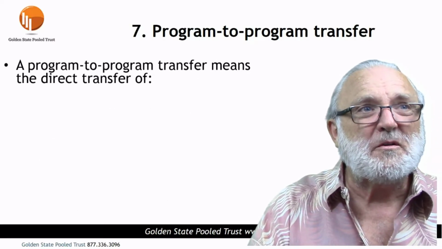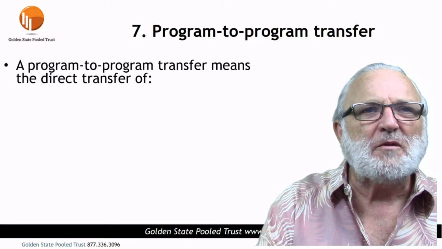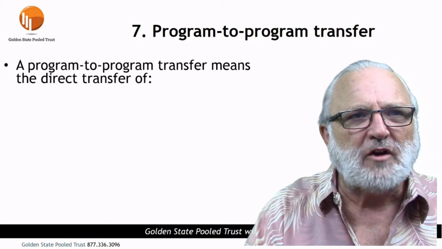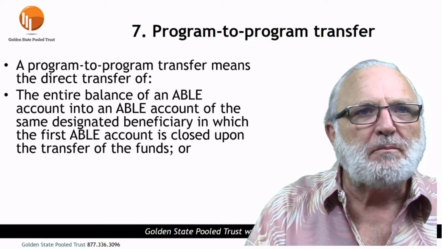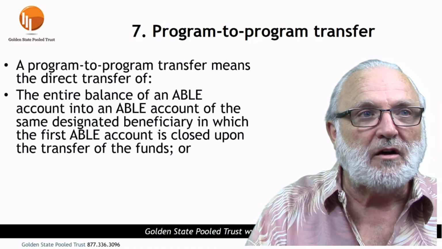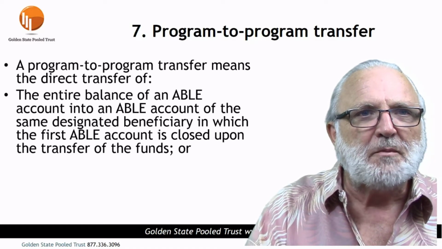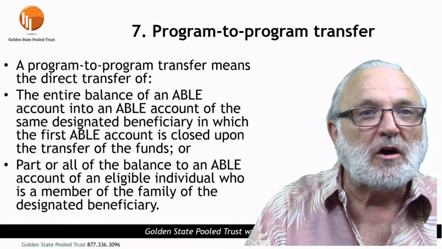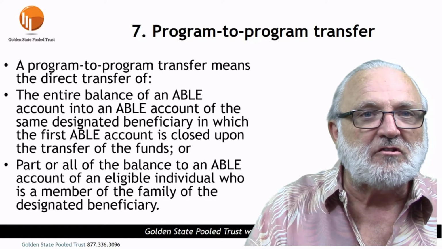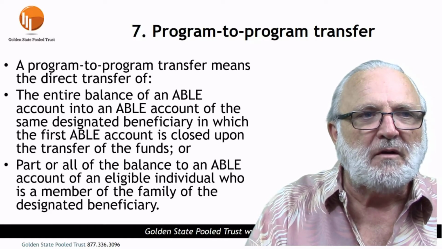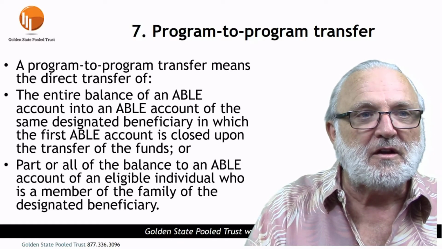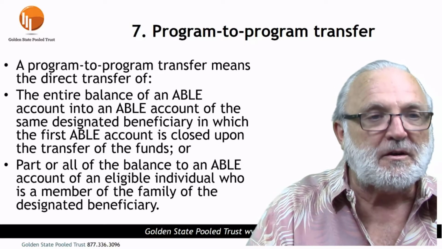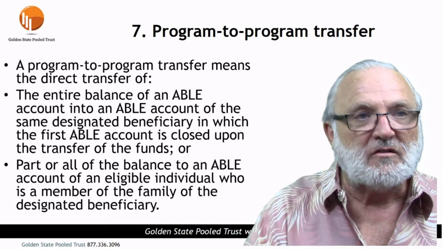As far as program-to-program transfers, a program-to-program transfer means a direct transfer of the entire balance of an ABLE account to an ABLE account of the same designated beneficiary in which the first ABLE account is closed upon the transfer of the funds, or part or all of the balance of the ABLE account for the eligible individual is a member of the family of the designated beneficiary, keeping in mind we're talking about siblings.